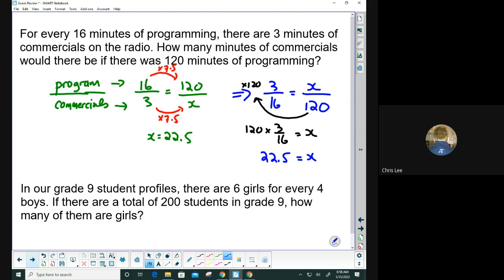Okay. Both of these are acceptable answers. You don't have to do both. Just do one that's going to get you the answer. Am I finished though? What am I missing? Because this is an English question, we have to finish with an English answer.